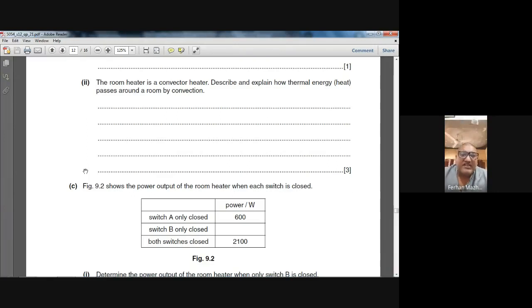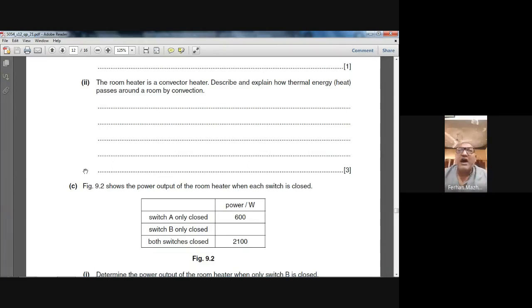This hot air will become less dense. This less dense air will rise upward. From the top, cold and dense air will sink. This will set up convection currents in the room. And with the help of those convection currents, the heat will be distributed throughout the room.